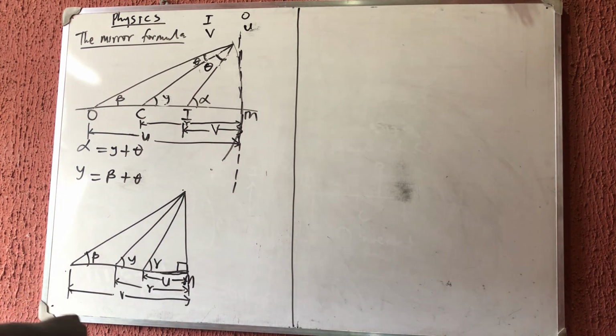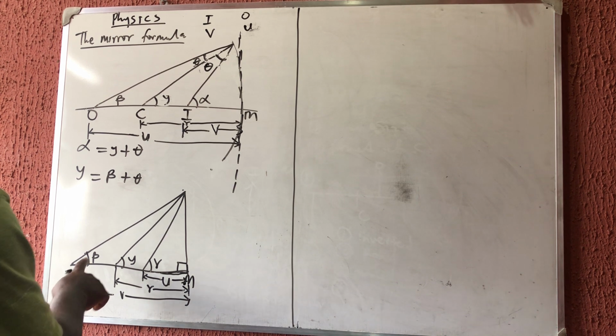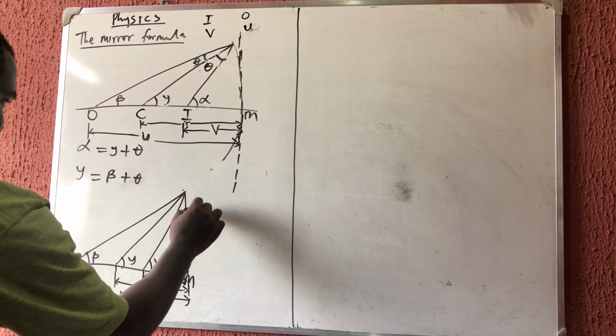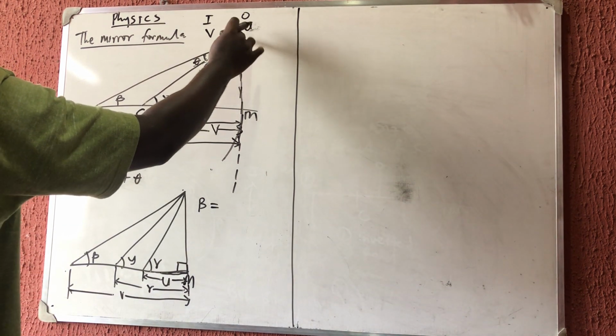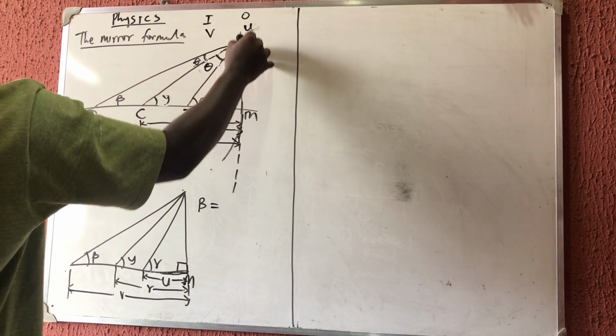According to trigonometry, let's know what these three things are. What is our beta? My beta is equal to opposite over adjacent. The distance from here to here, let's call it H, the height.